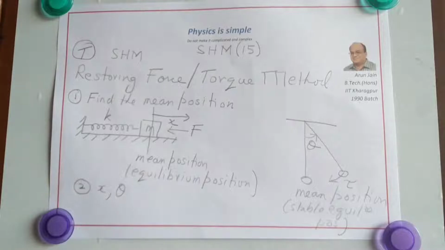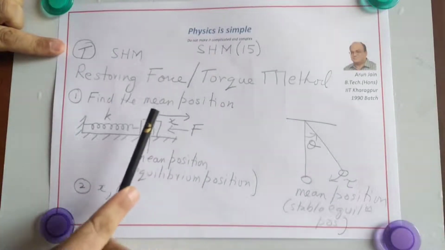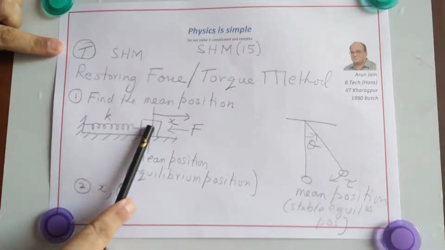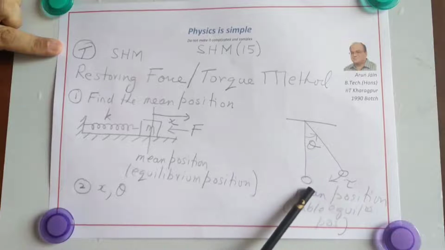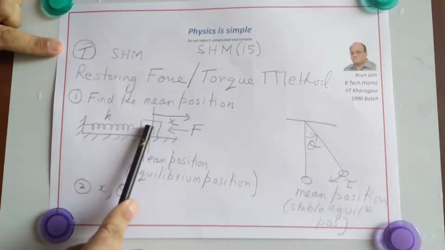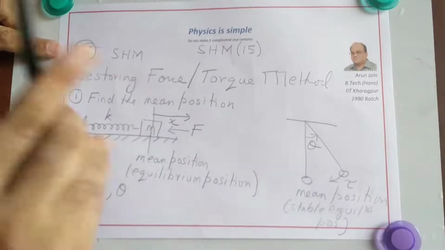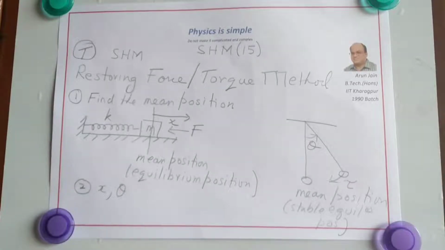Now first we check whether the force is trying to bring the particle to the mean position, whether the torque is trying to bring the particle to the mean position. So here the force is trying to bring the particle to the mean position, the torque is also trying to bring the particle to the mean position in this case.